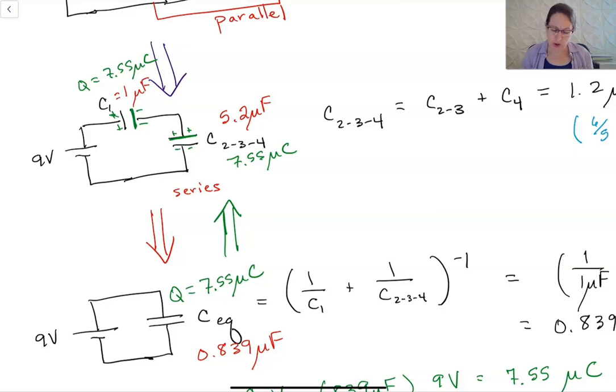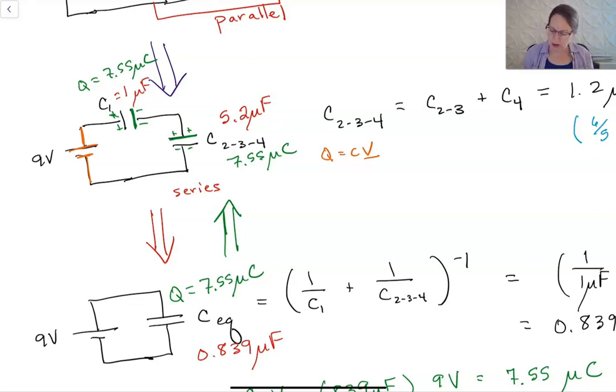We've got the charge on each capacitor. Now it's pretty easy to again use Q equals CV to find our voltage across each capacitor. And we know that voltage had better equal 9, because otherwise energy isn't conserved. If I've got 9 volts across the battery, then I have to have 9 volts across both of those two capacitors.